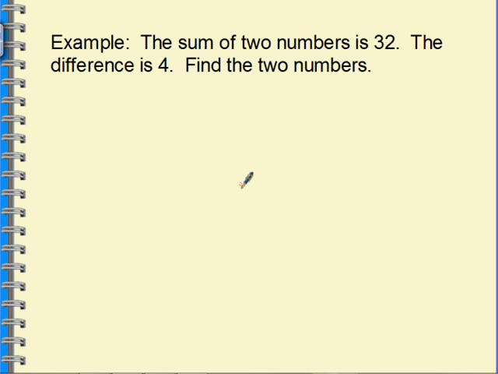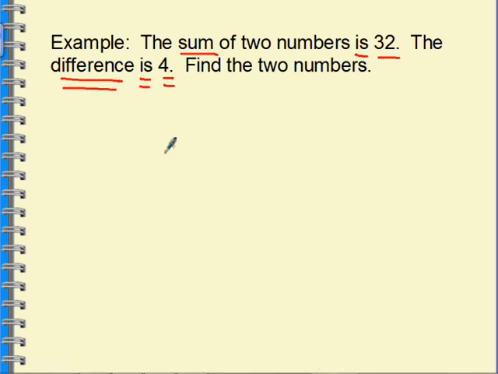So we're looking for finding two numbers. The sum of the two numbers is 32, and the difference is 4.